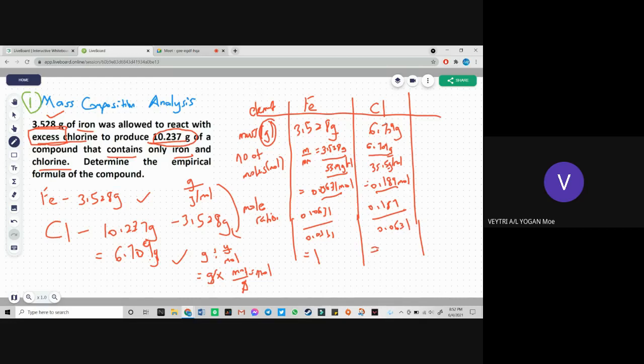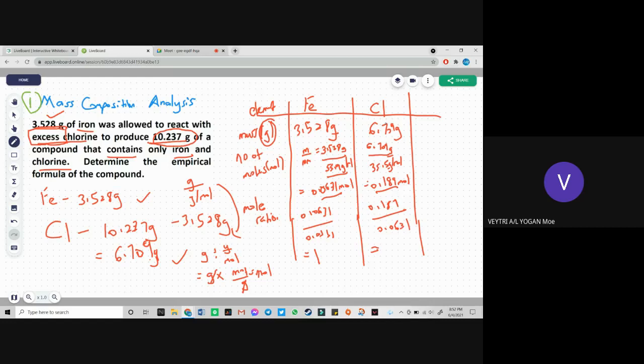I want you guys to calculate right now. 0.189 divided by 0.0631, what do you get? Three. Yeah, 3. The answer from the calculator will be 2.995 something. But round up, you'll get 3.